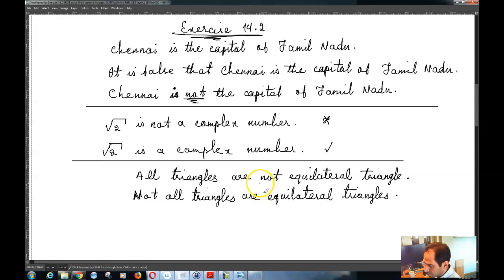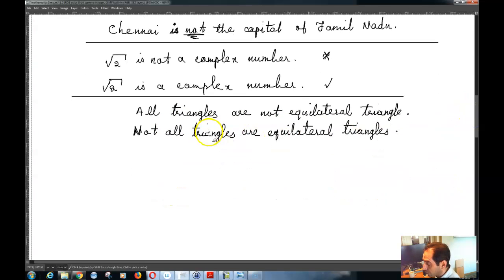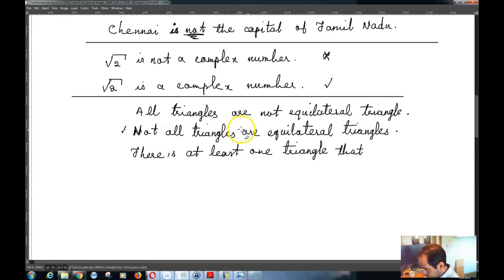And again, if you were to rewrite this statement, you would write it as: there is at least one triangle that is not an equilateral triangle.